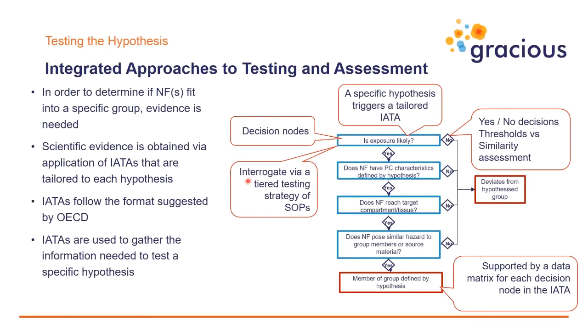In order to make a decision, you need methods to interrogate that decision. So we provide tiered testing strategies that include a range of standard operating procedures that allow you to assess and generate the data you need to answer these questions.